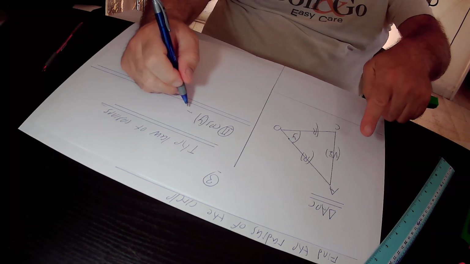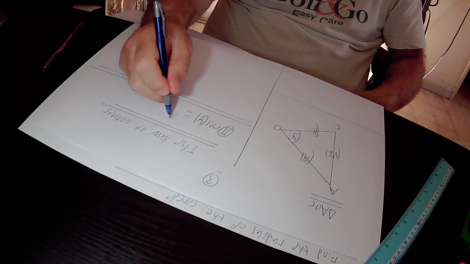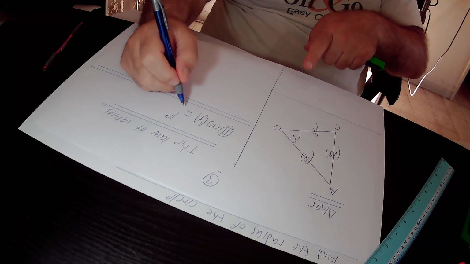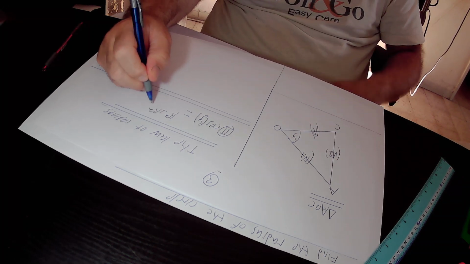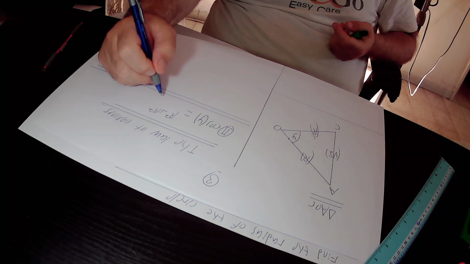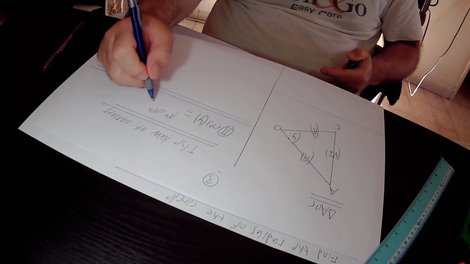equals AO squared. AO is R, therefore AO squared is R squared, plus OC squared. OC is also R, therefore OC squared is R squared, minus AC squared. AC is square root of 2, therefore AC squared is square root of 2 squared, that is 2.